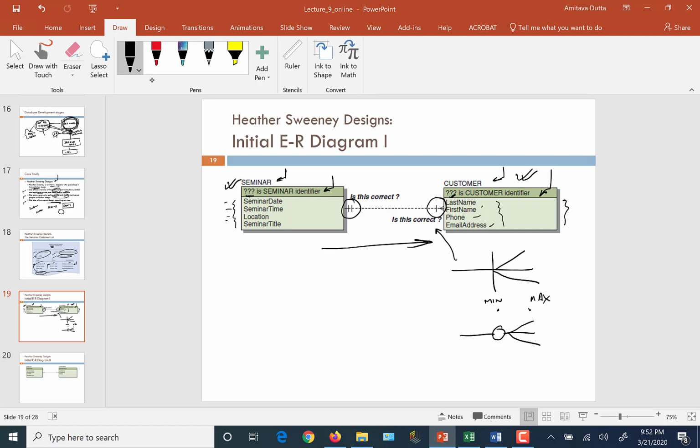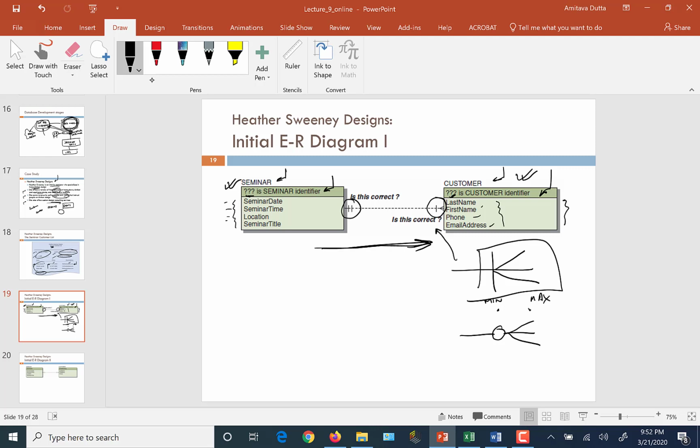But on second thought, I think this looks perfectly fine. And I wouldn't run a seminar if there isn't even a single customer. So I think it's perfectly okay to say that one seminar is associated with at least one customer and at most many customers, going from left to right.